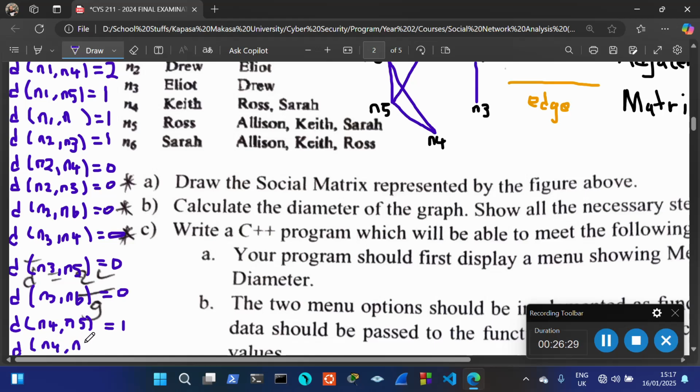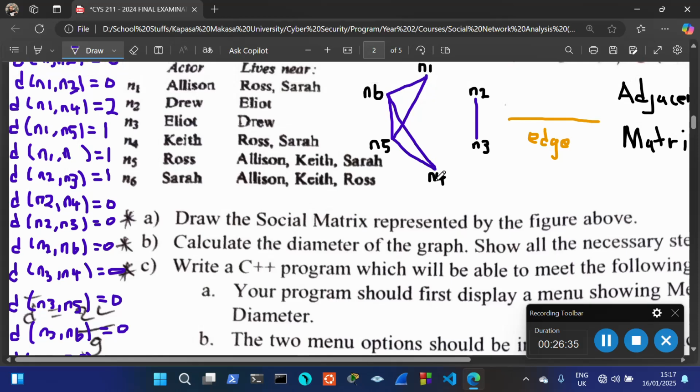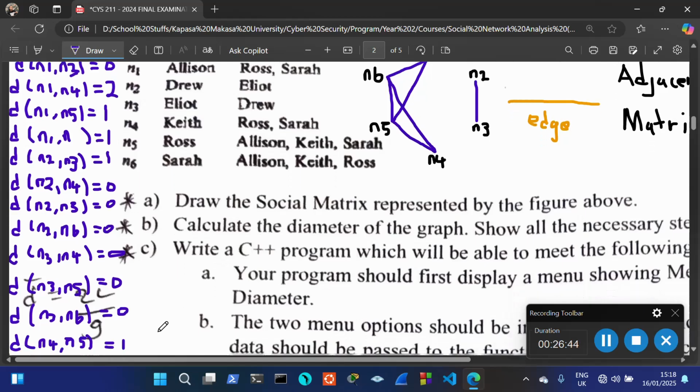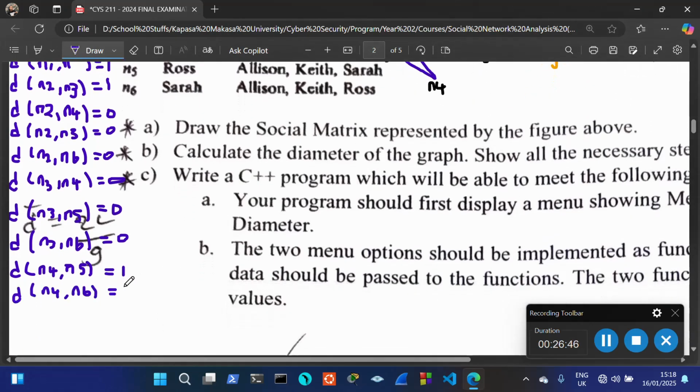We cannot take the longest route from n5 to n6, but we just go direct, which is 1. So again, here we say 1.